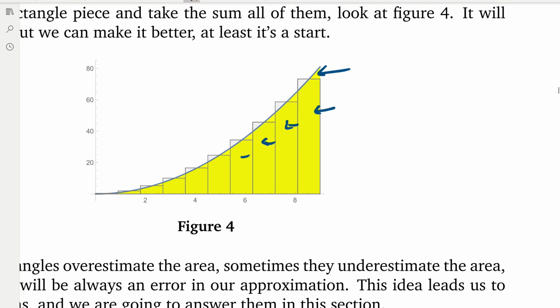So instead of finding the area of this yellow color region, I will find the area of each of these rectangles, and I will add them up. How many rectangles do we have? I will add the area of these 9 rectangles. Then we can get an estimation of the area for the yellow color region.